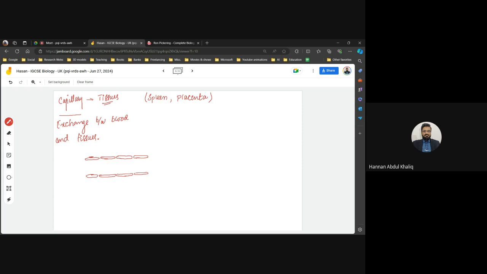The problem is if the blood enters into the whole brain, not a single drop of blood enters into the brain. The blood just goes on the outer boundary of the brain and then comes back. Why? Because there is a particular terminology, let me tell you, the blood brain barrier.